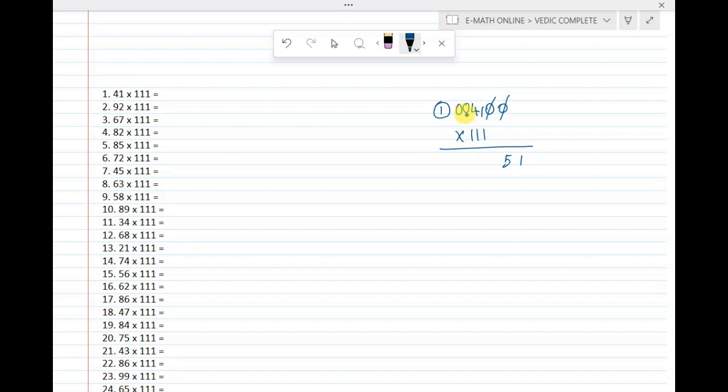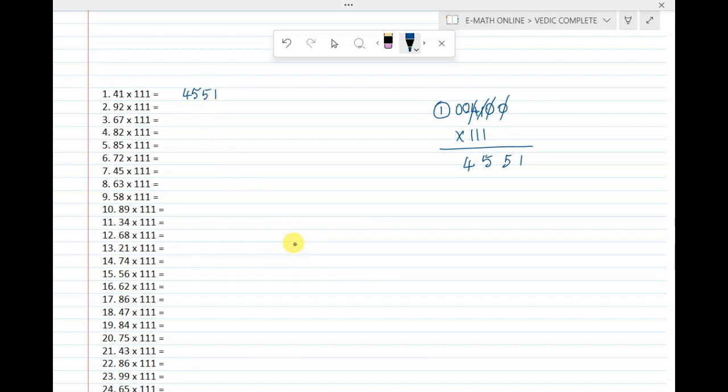Next, select the last 3 digits of this entire number: 0, 4, 1. Now do the sum of those digits: 0 plus 4 plus 1 will be 5. Now cancel the 1. Now add these digits: 0 plus 4, that is 4 itself. Now this is the answer, because there are no more digits left, so the process will end. So the answer is 4551.